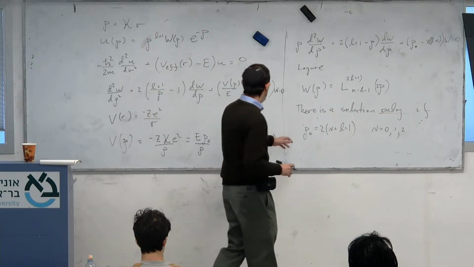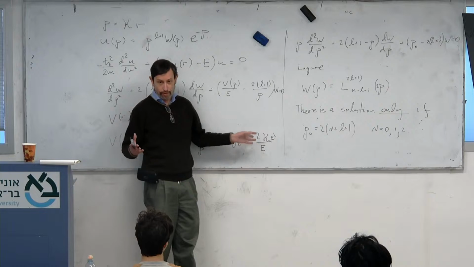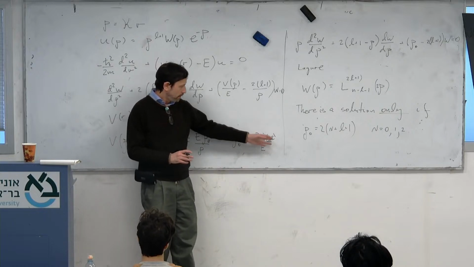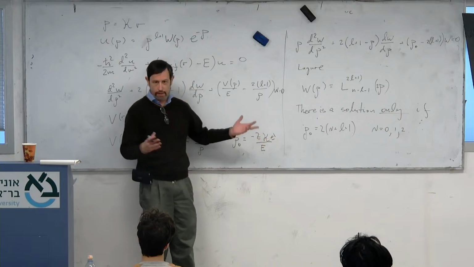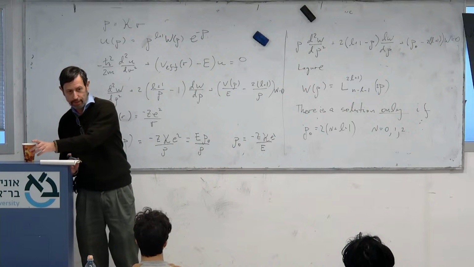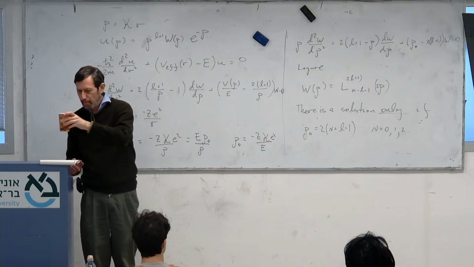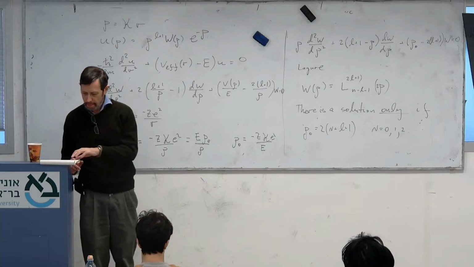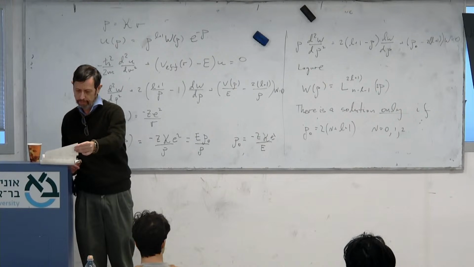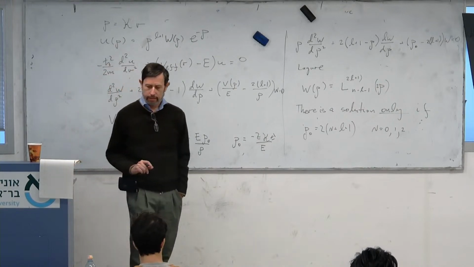Why do I call it energy? Because ρ0 is a function of energy. These are just constants. Kappa depends also on h bar. Okay.